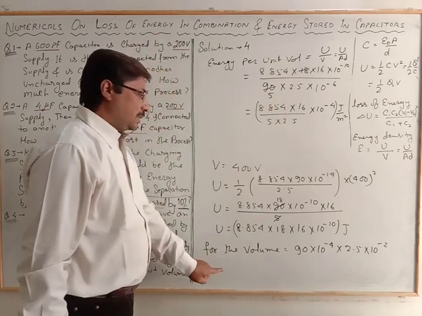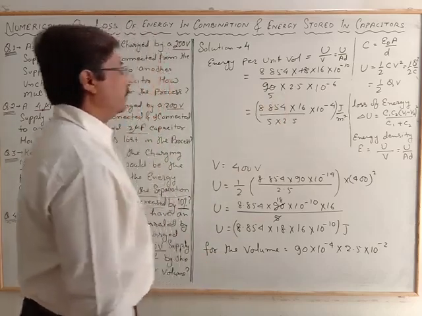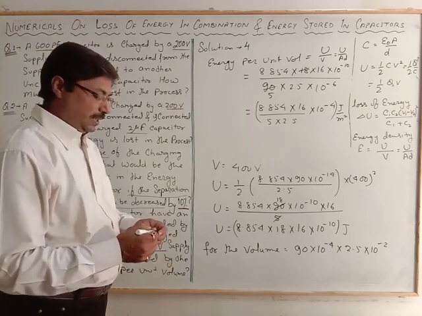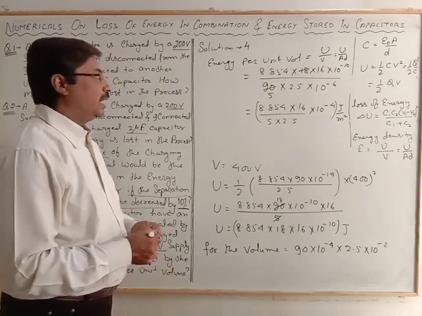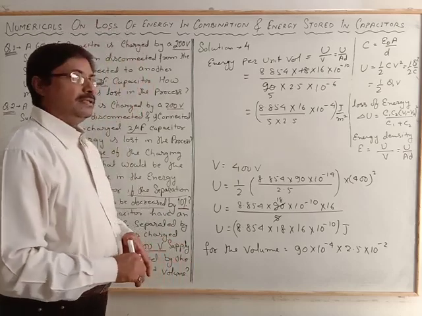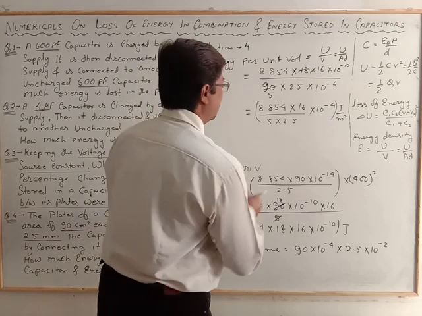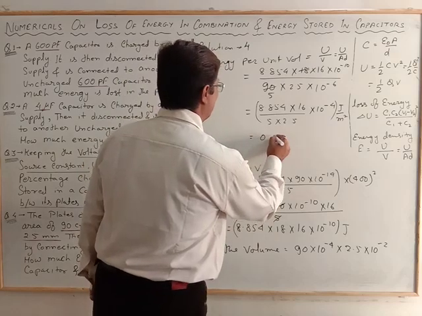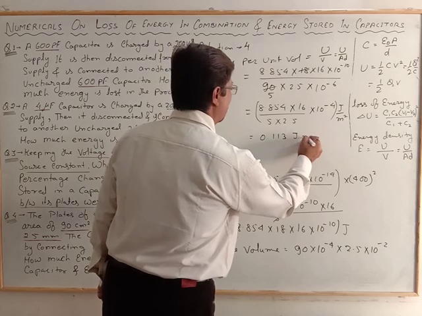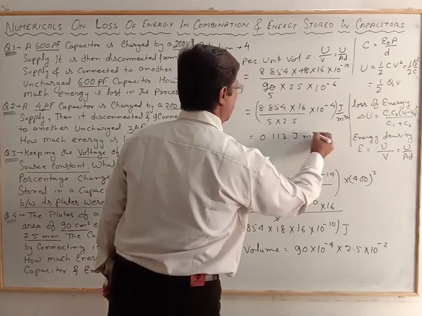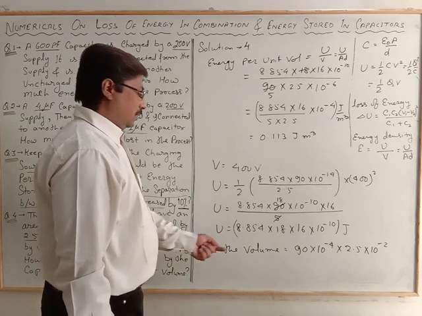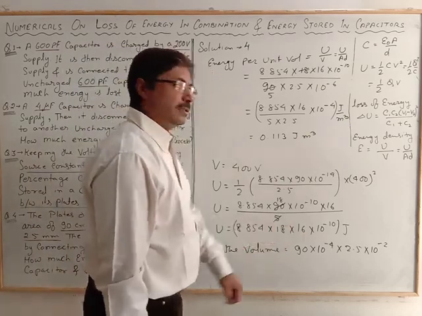So this is all about the problems related with the loss of energy during the combination as well as energy stored in the capacitor, and we have this much energy approximately 0.113 joule per meter cube, and for that energy you calculate it.